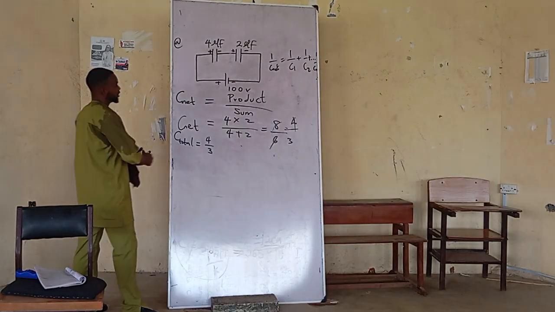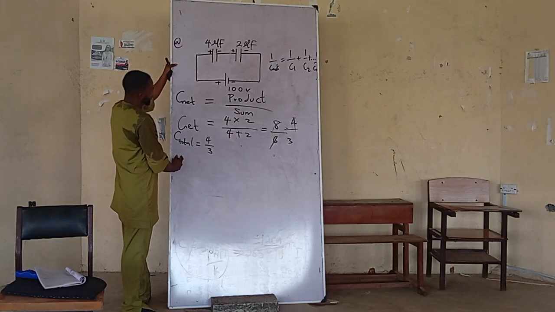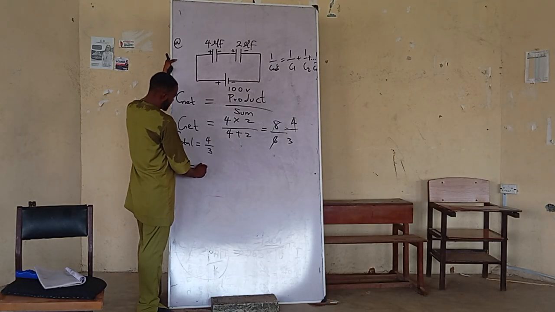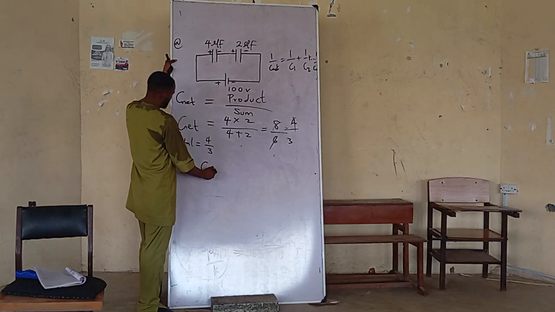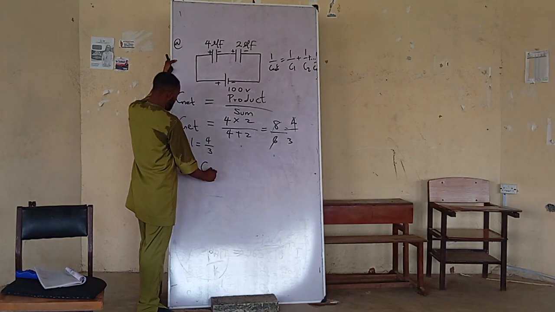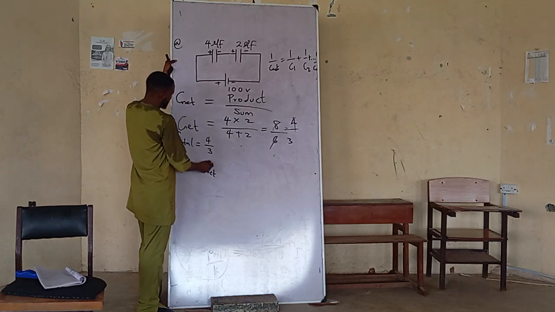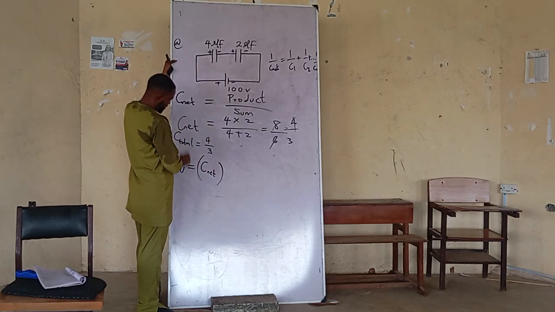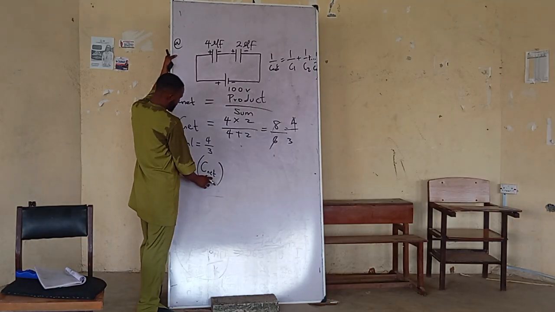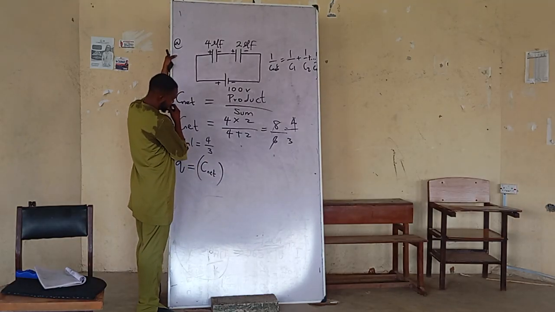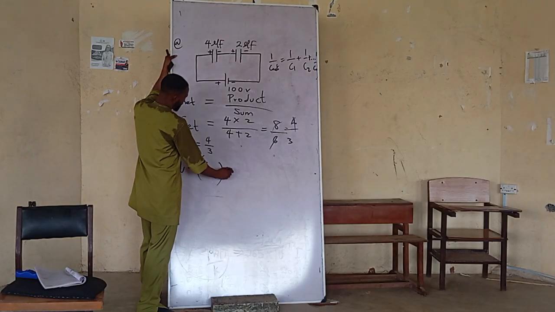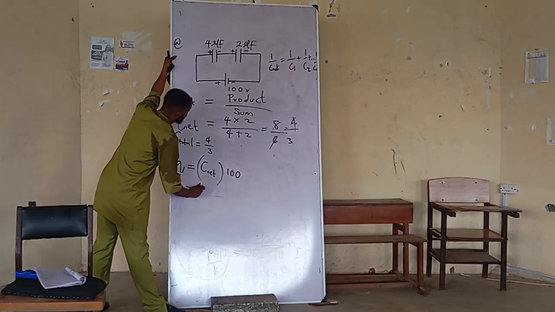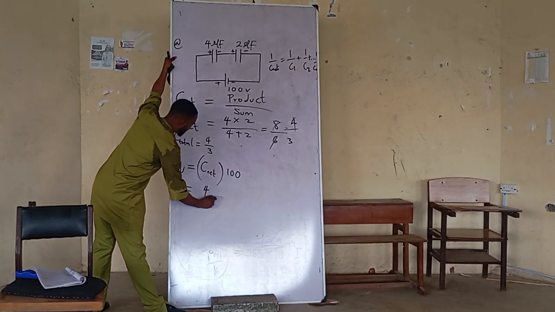So let's do it by saying Q equals C net times V. Let me find the charge first.